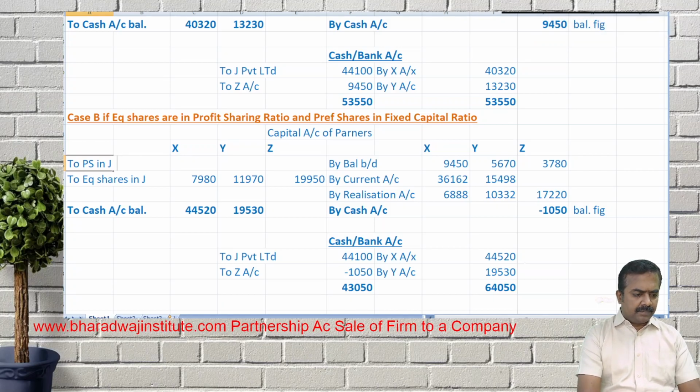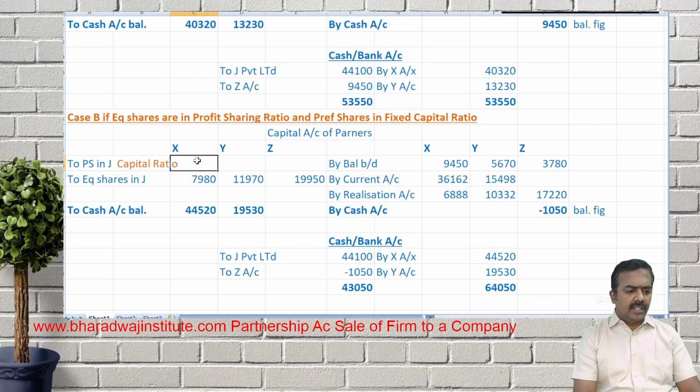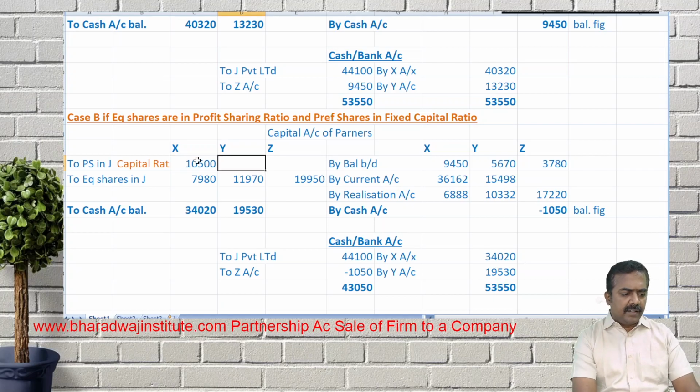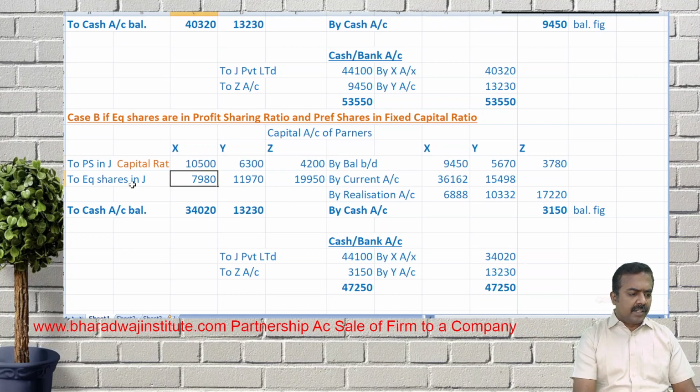Take the fixed capital ratio. The numbers are 10,500, 6,300, then 4,200. Equity shares in J.